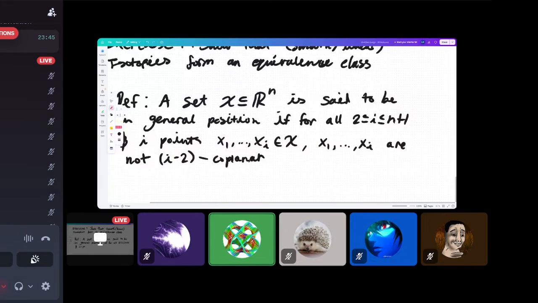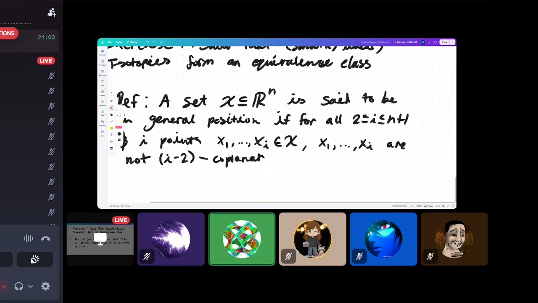That means that if you take any i points, for any number i between 2 and n+1, these i points should not be in an (i-2)-dimensional plane.